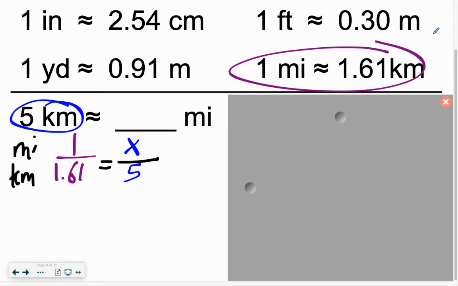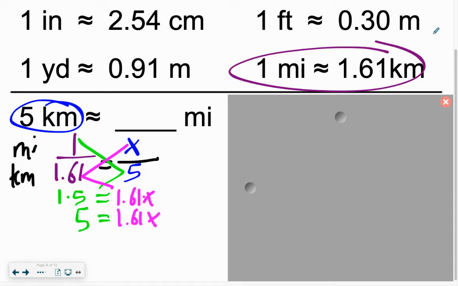And then insert your favorite variable there, representing an unknown quantity. And from there, we're then going to do our cross product. 1 times 5 equals, don't tell me what that is. And then from there, do the other cross product. 1 and 61/100, 1.61 times x. Now you can tell me that 5 equals 1.61x.